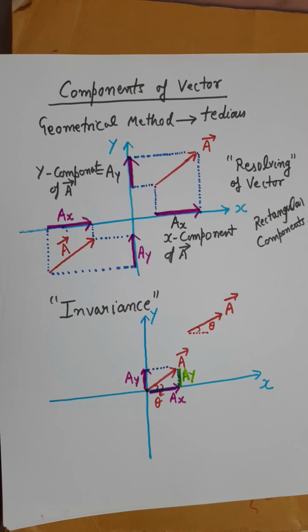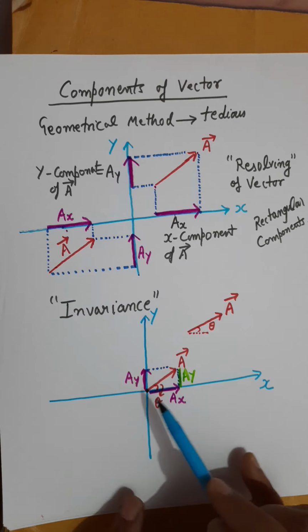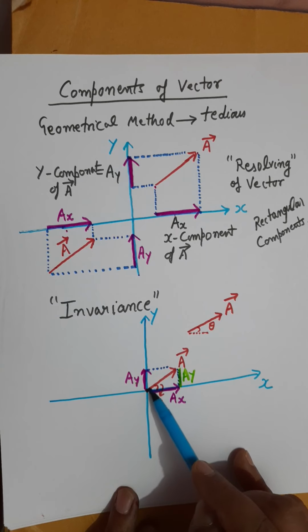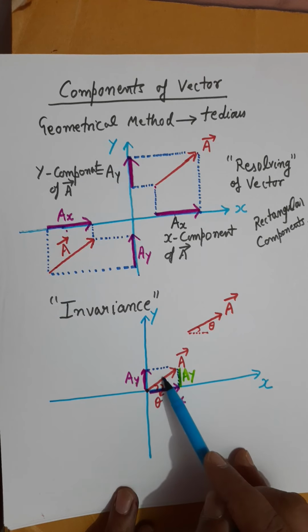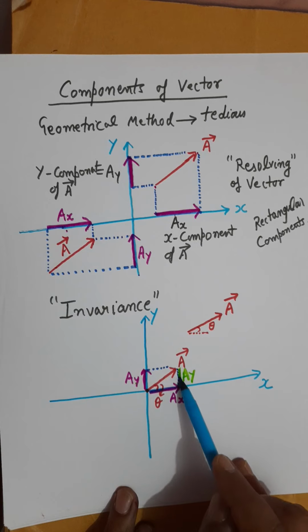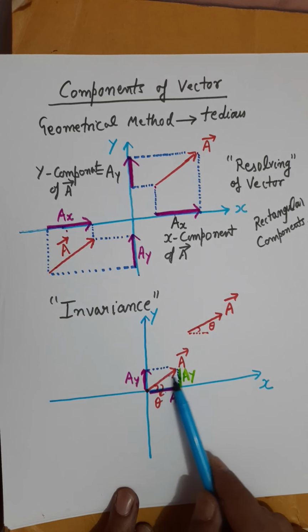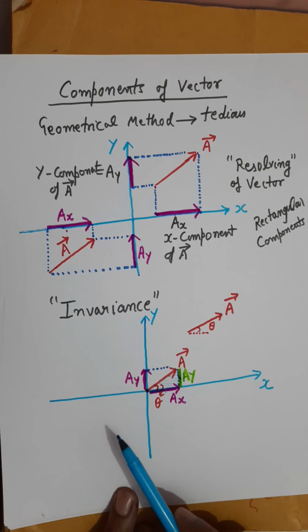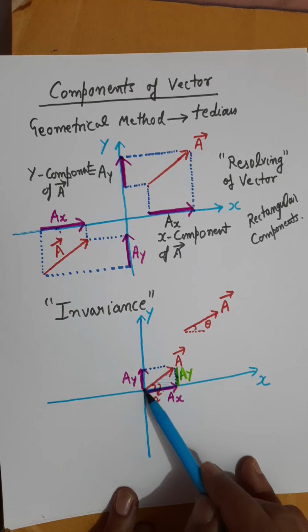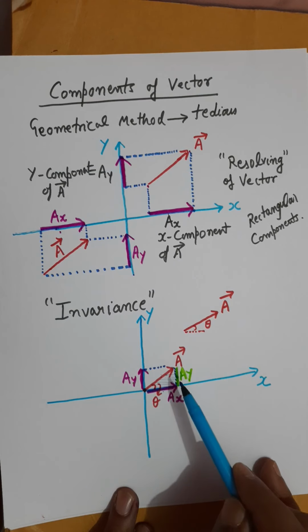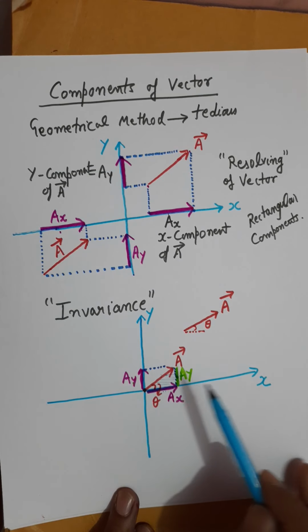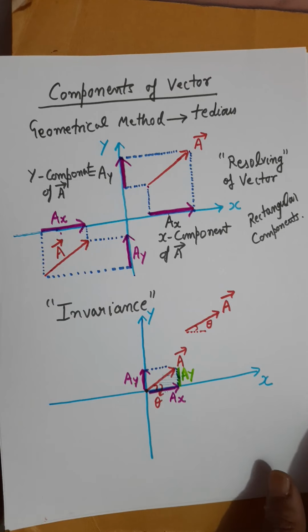And now if you select this triangle where the hypotenuse is our vector A and the two other sides are the x component and the y component, you get a triangle for which the hypotenuse is represented by the vector A and the perpendicular and the base are represented by components.